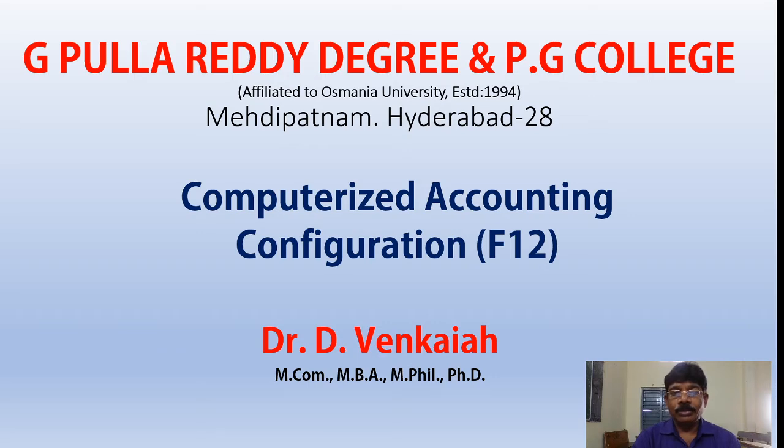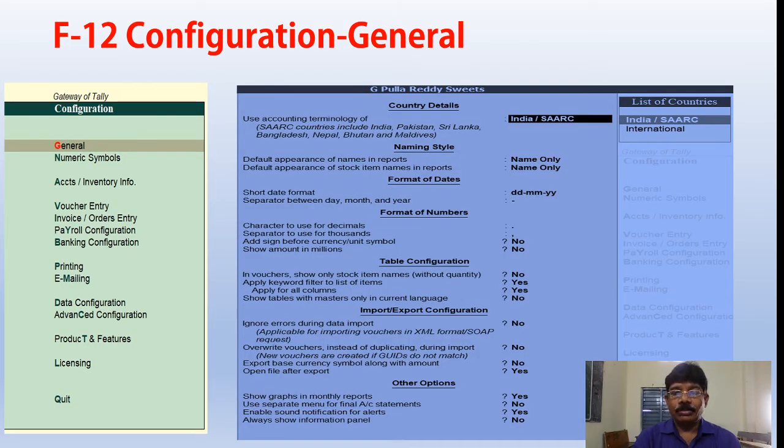Point number one is general. In F12 configuration, when we create a company, before that, whatever requirements are needed, we can enable those requirements and specifications that are required for us. Those are general requirements.